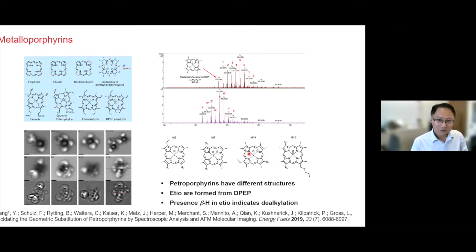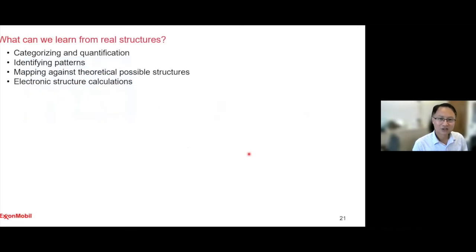So so far I have described to you the challenges, especially from an experimental point of view: the metals, the heteroatoms, the aliphatic moieties, how do we confirm? That's also a challenge from a theoretical point of view. You have the structures, but so what? Are they different from what we predicted before?